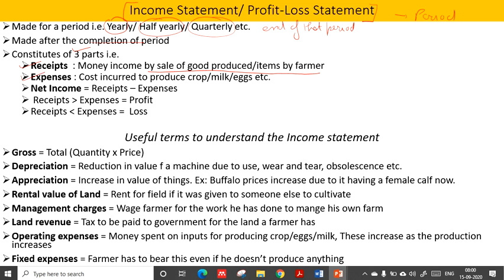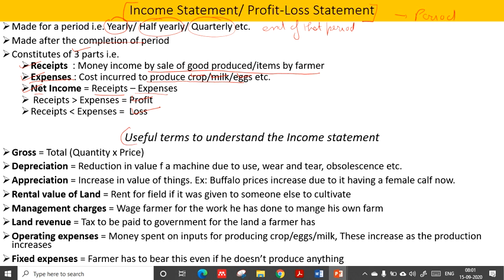Expenses, जो खर्च होगा, that costs you will be bearing to produce those things. Whatever you are producing, you might be producing only crops, milks, eggs, honey, etc. So you will be spending some money to produce those things. Those will be expenses. Net income will be just the formula, receipts minus expenses, and you can just easily guess it. If you are earning more money than spending, then there is a profit. If you are earning less money than spending, then there is a loss.